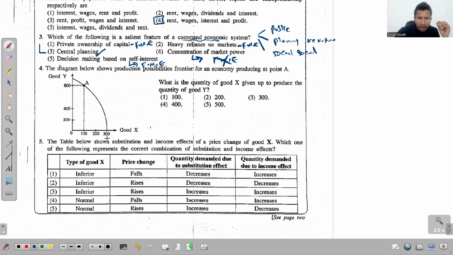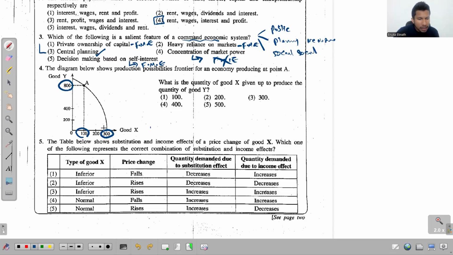But the problem now is that in this economy, they have allocated some of the resources to produce 800 units of good Y. And as a result, they can only produce just 100 units of good X. As per the previous discussion, they could have produced 300 of good X if they do not produce a single unit of good Y. But as a result of producing 800 units of good Y, they can only produce 100. So how much has this economy sacrificed in terms of good X?